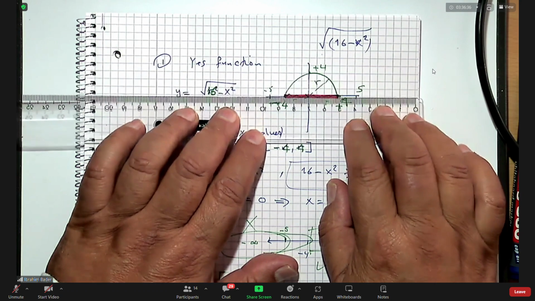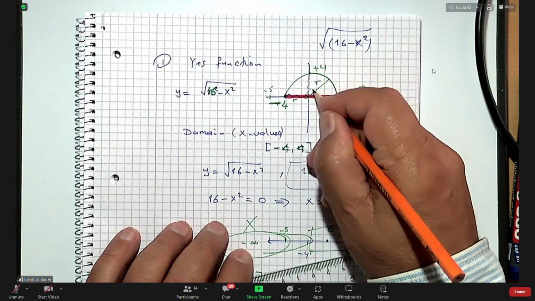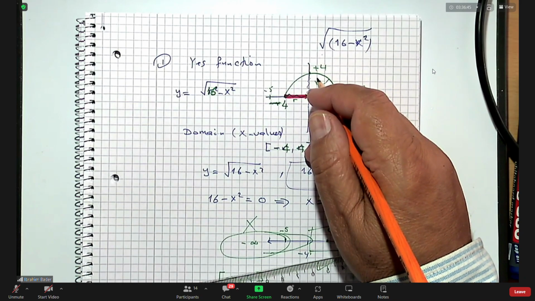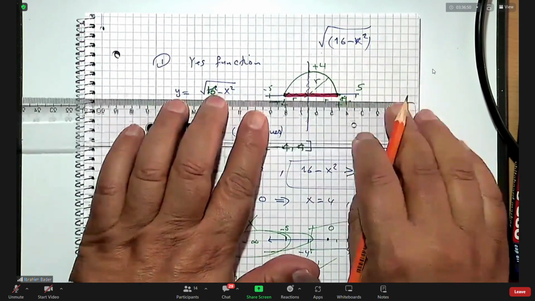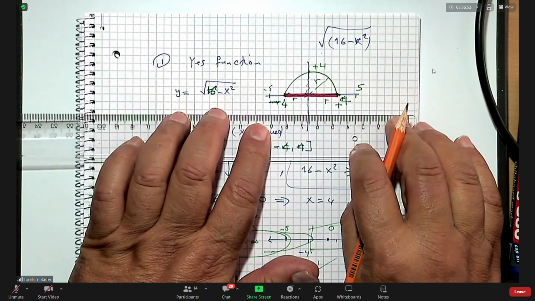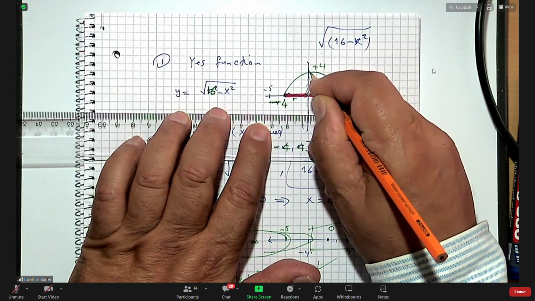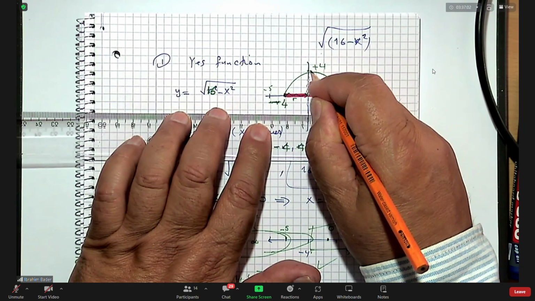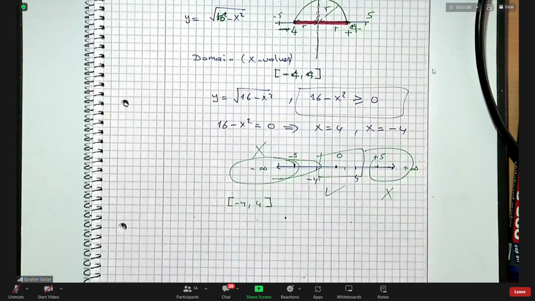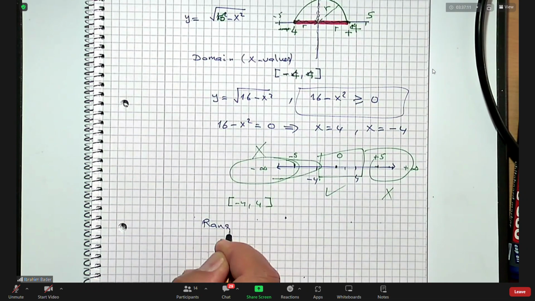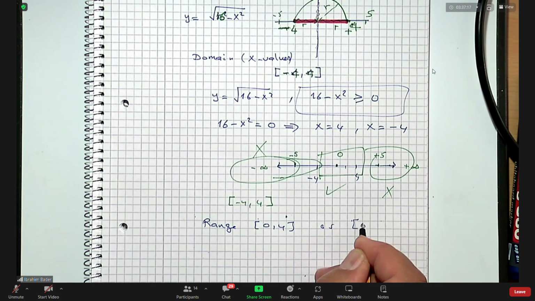So it can't fall below 0. Here in the negative, it will not fall down into the negative. So the possible y values are 0 and those that are positive, and it will not go beyond r or beyond 4. So the range is 0 to 4, or in general 0 to r.